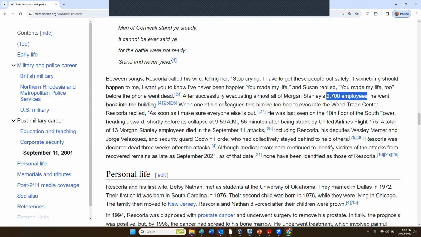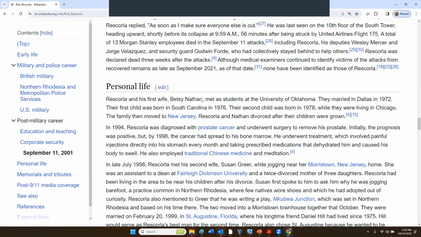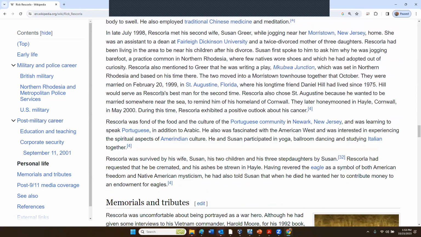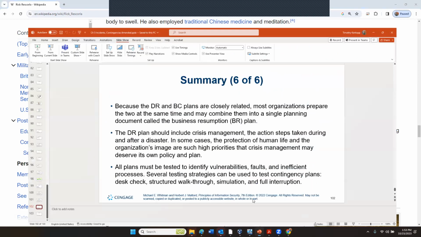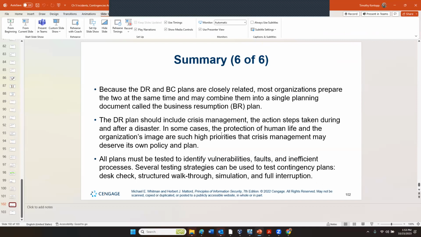In any case, the thing I want you to understand is that he put into practice the things that mattered the most. And at the end of the day, if you have a cybersecurity program and you're planning for the worst, if you don't take the time to plan with others in a desktop scenario, right?